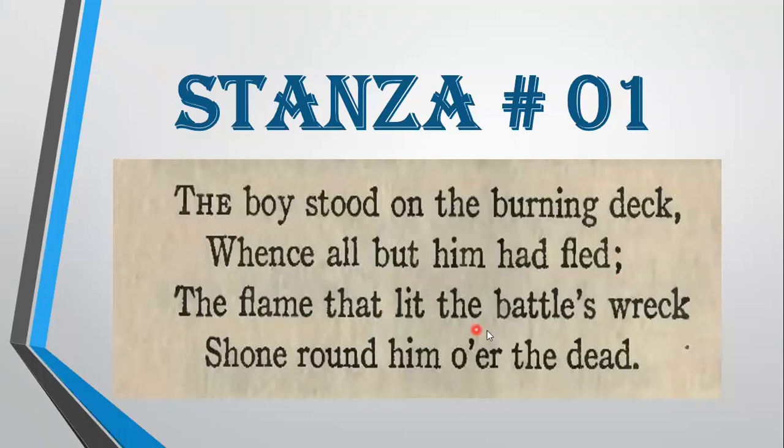The flame that lit the battle's wreck shone round him o'er the dead. Now the writer is saying that the flames were so high, and the battle's wreck means the ship that was already broken because of the battle. The ship had caught fire, and that fire was all around, shining over the dead bodies.